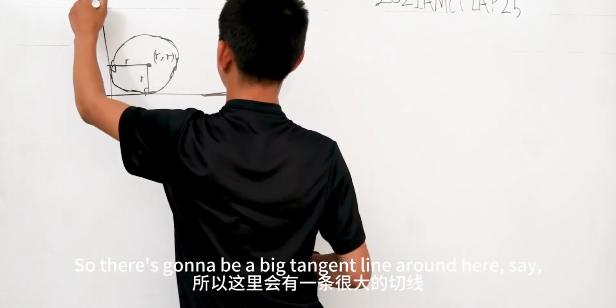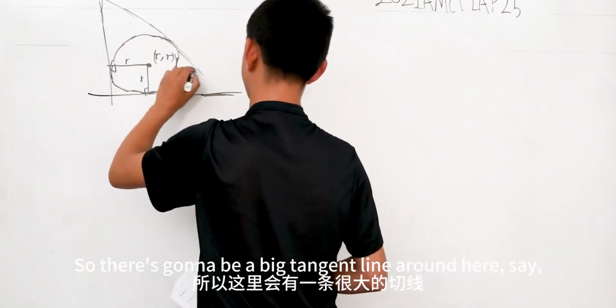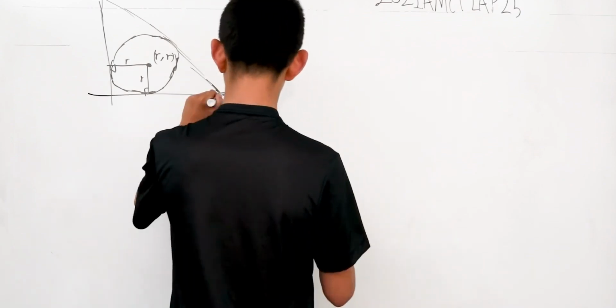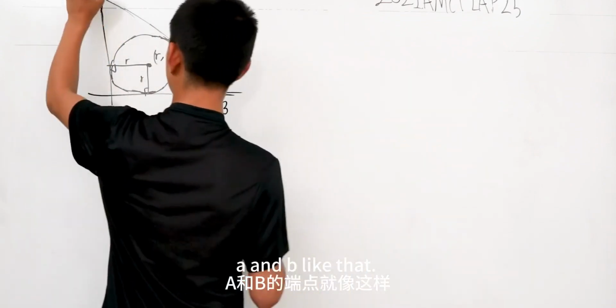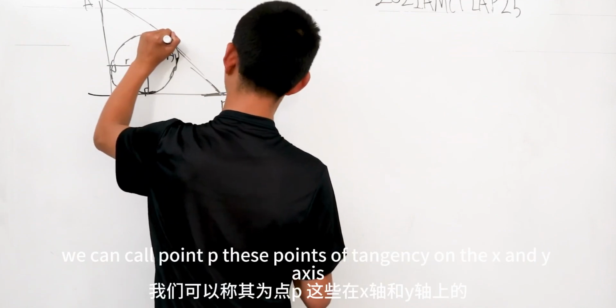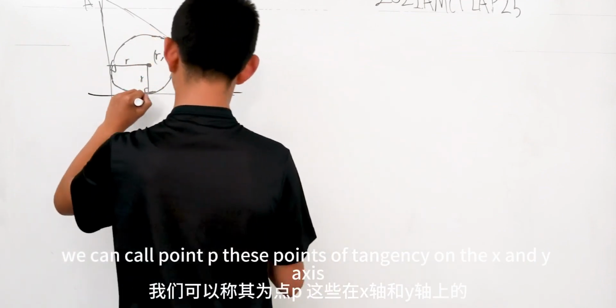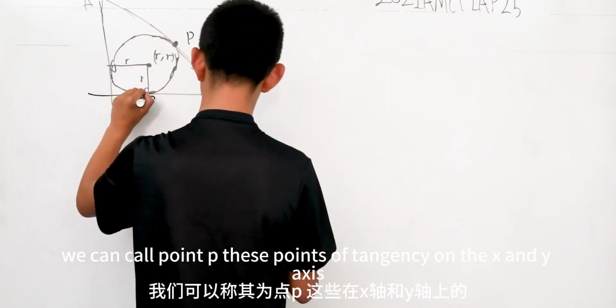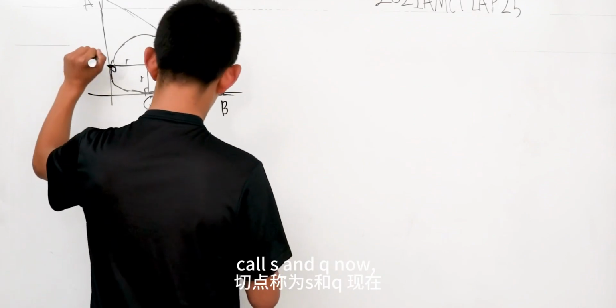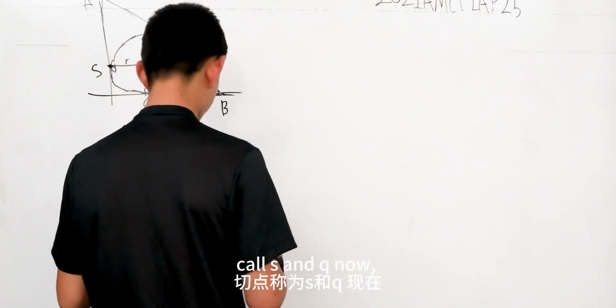So there's going to be a big tangent line around here, say, with endpoints A and B. This point of tangency we can call point P, and the points of tangency on the x and y axis we call S and Q.